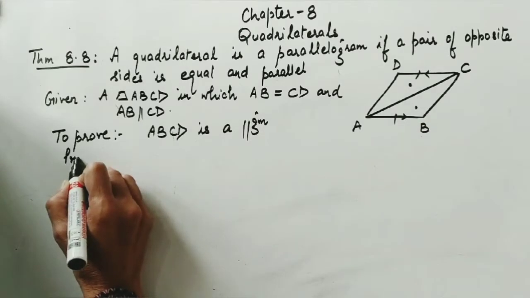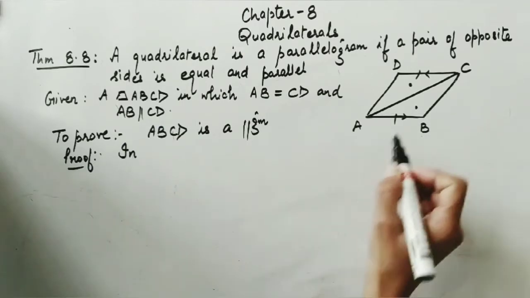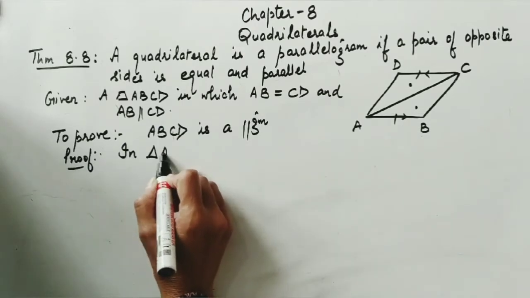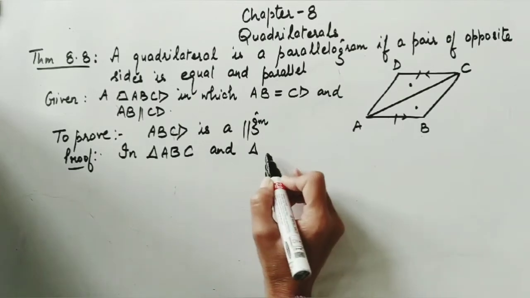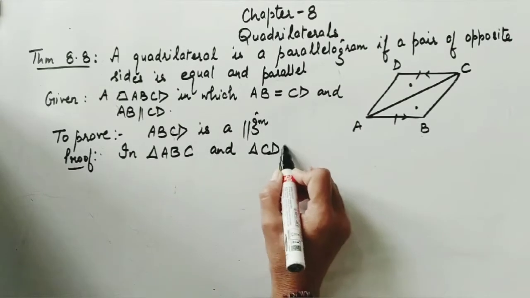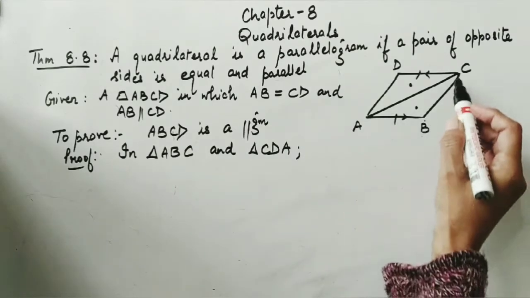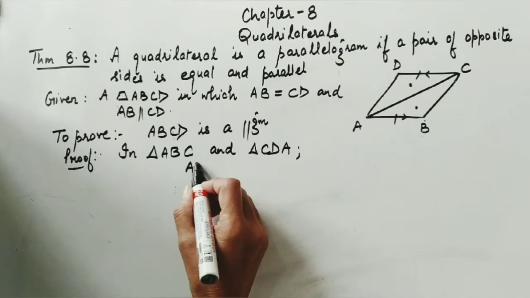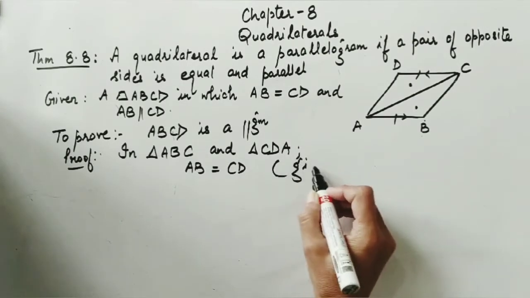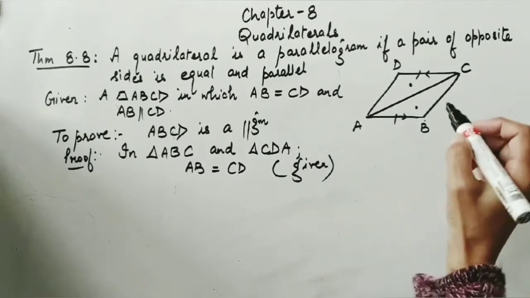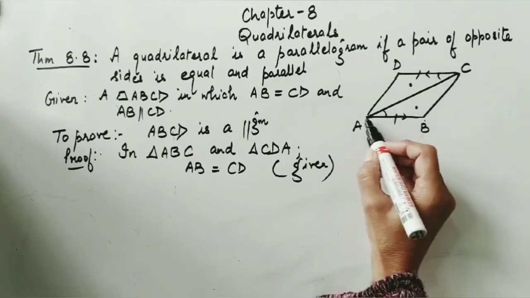So in proof we would say in triangle ABC and triangle CDA, first matching part, AB is equal to CD. This information is given.